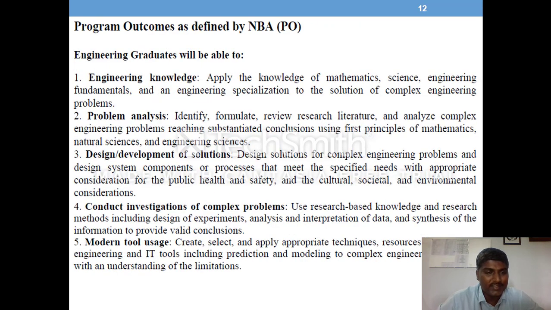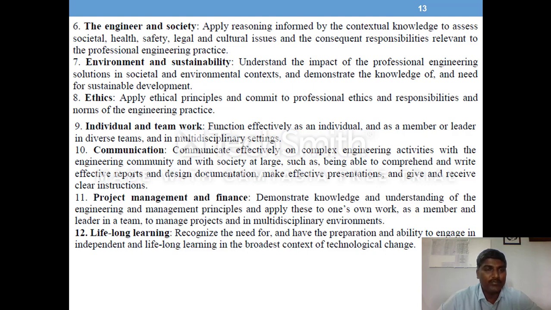So likewise, he is able to conduct investigations of complex problems, and he is able to use modern tools, and he is able to apply his engineering knowledge for societal needs, health issues, safety, legal, cultural issues.